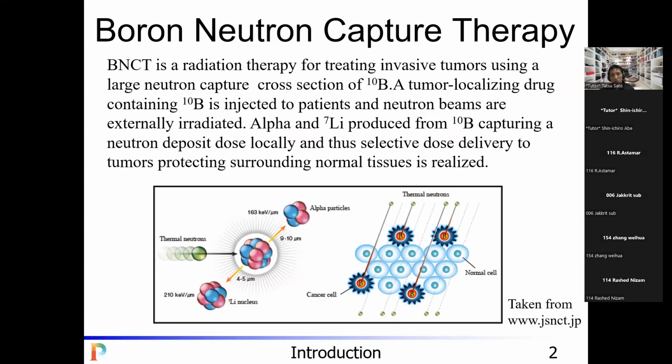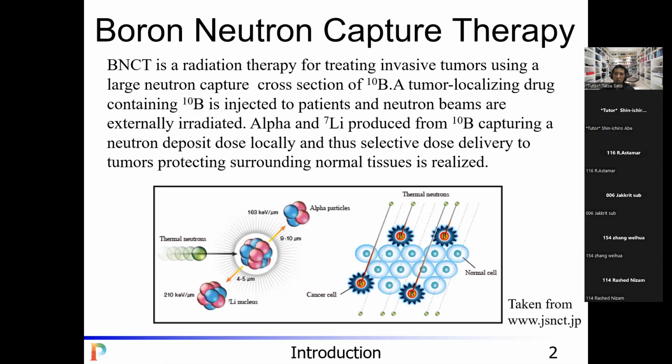A tumor-localizing drug containing boron-10 is injected into the patient and neutron beams are externally irradiated. Then alpha and lithium-6 particles are produced from the boron capture reactions and deposit their energy locally.